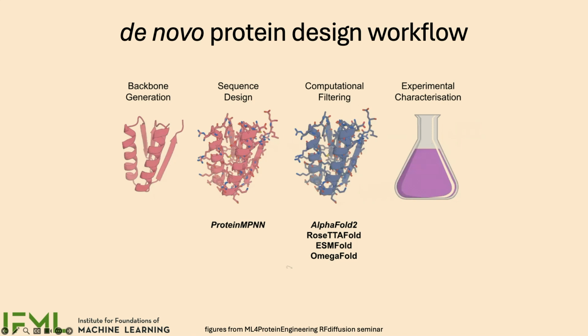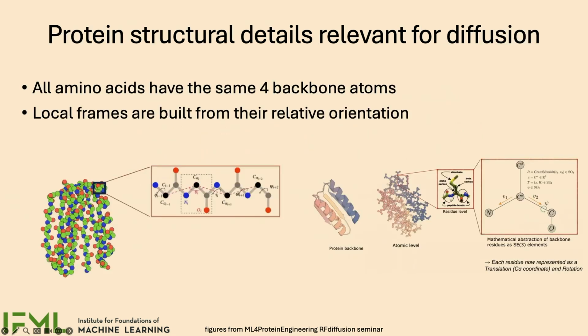So next is, what does the de novo protein design workflow look like? We're going to generate these backbones, which is just a sequence of these triangles centered on a C alpha. This would be only the backbone, ignoring the side chain, which is what makes every amino acid unique.